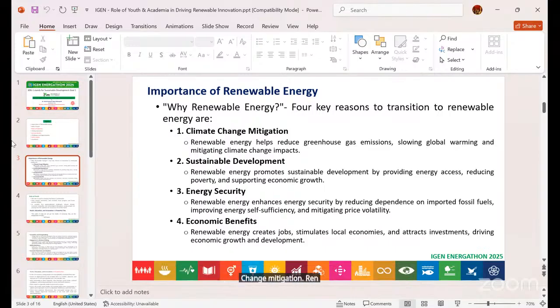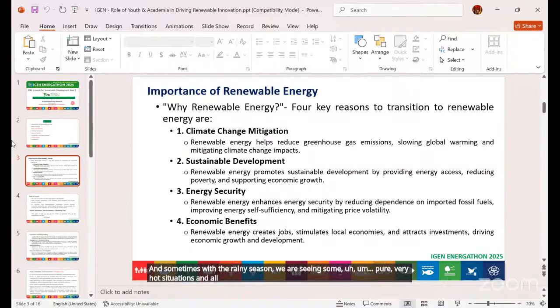Renewable energy is about reducing greenhouse gas emissions, slowing global warming, and mitigating climatic changes. As we see this season, it is mid-summer, but sometimes we see rain also. Sometimes in the rainy season, we see very hot situations. That we can call climate change.